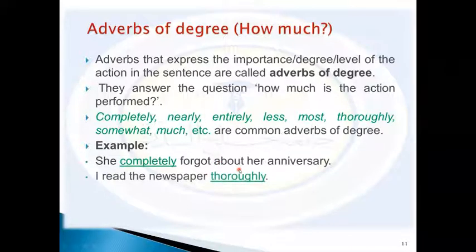The second example: I read the newspaper thoroughly. Also an adverb of degree. Another example: I am so excited about the new job. So excited is also an adverb of degree.